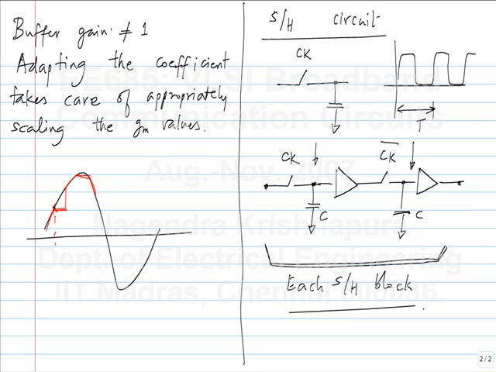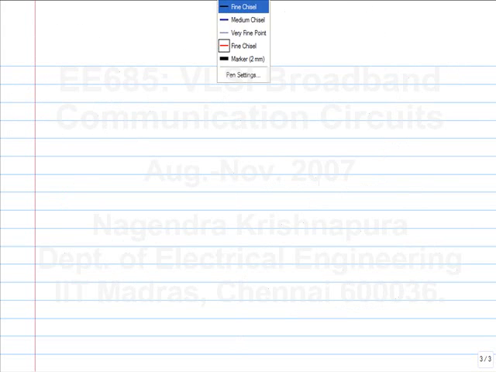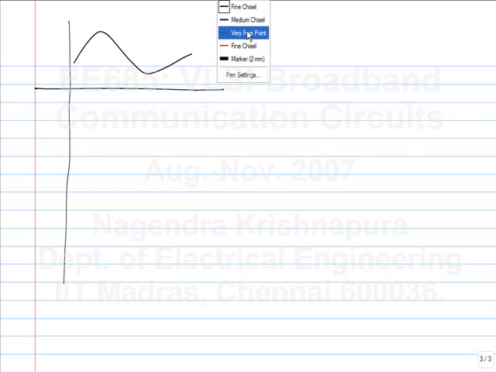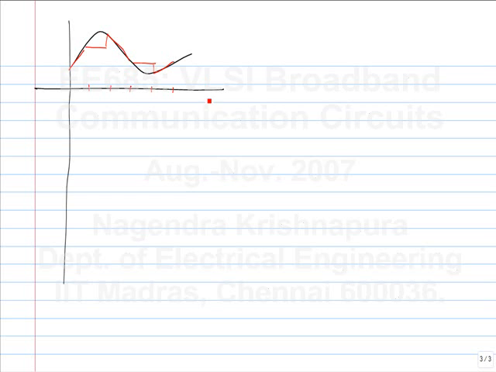So now let's look at the waveforms in a cascade of 2 sample and holds. So let's say this is the input signal, and let's say each of these marks is half a clock cycle. So it follows it for the first half, then holds it, then it follows it here, then it holds it, then it follows it, and so on.